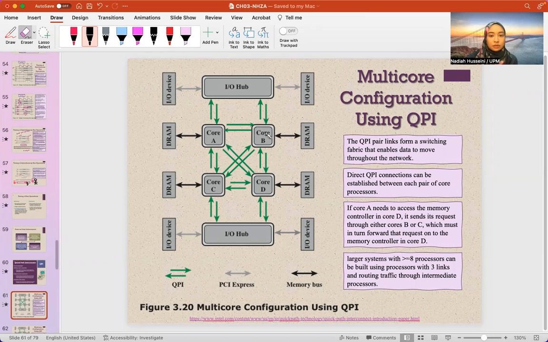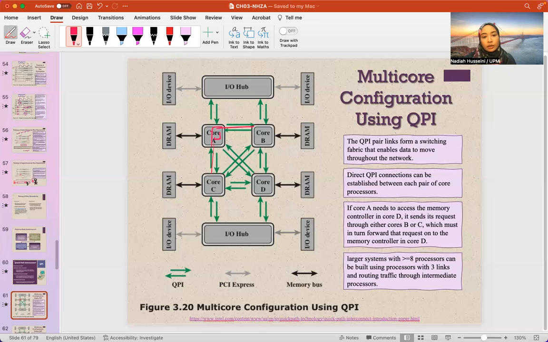So core A is connected to core B, core A is connected to core C, core B is connected to core A, core B is connected to core D, core C is connected to core D, core C is connected to core A. They usually communicate with their 90 degrees partner. It communicates like this.